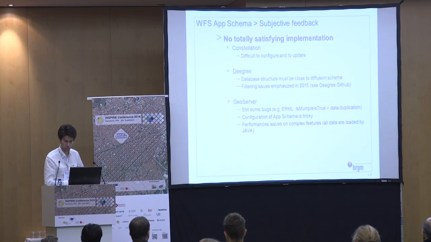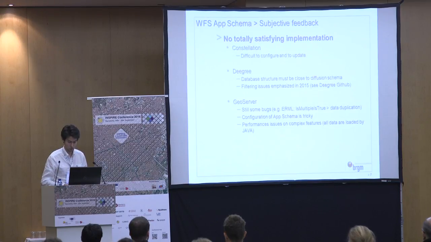With Constellation, we have some difficulty to configure and to update our services. With Deegree, we also have some constraints, such as the database structure having to be very close to the diffusion schema. We also have some filtering issues that were emphasized in 2015.